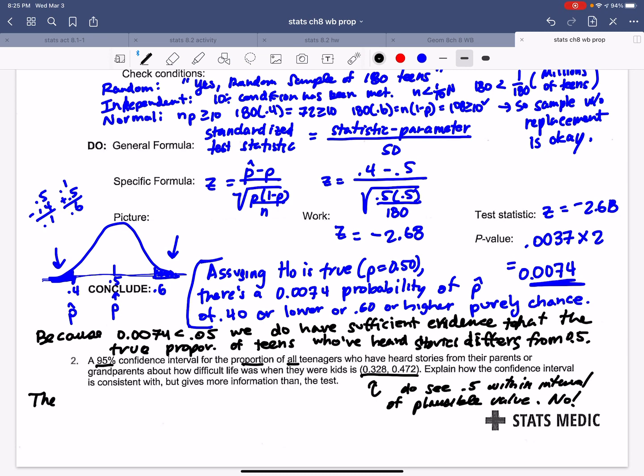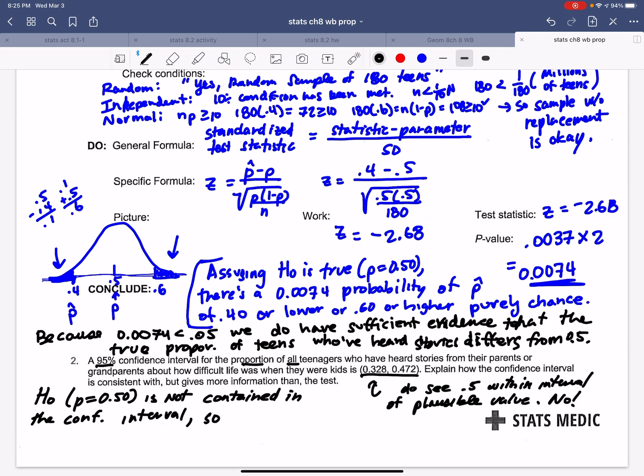So how do we say that in relation to our null hypothesis? We can say the null hypothesis value, H sub O, which is p equals 0.50, is not contained in the confidence interval.